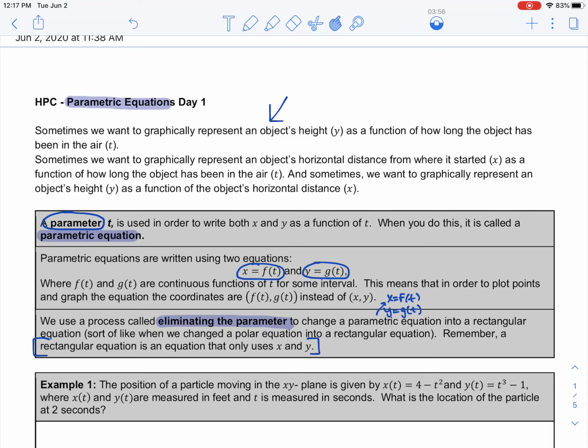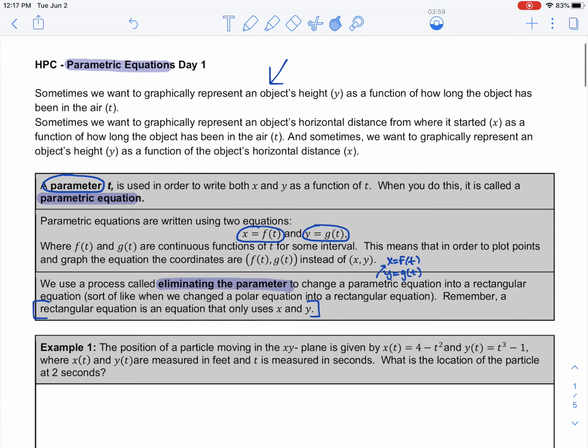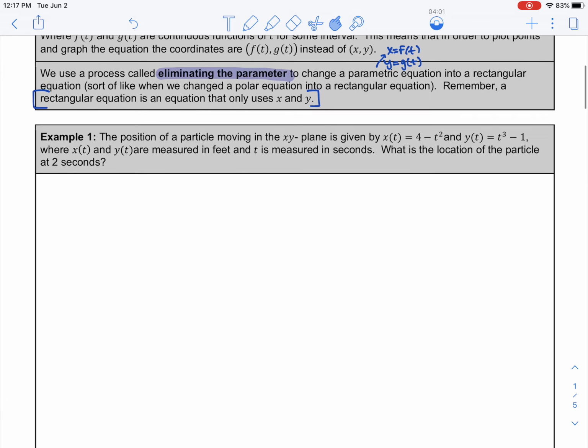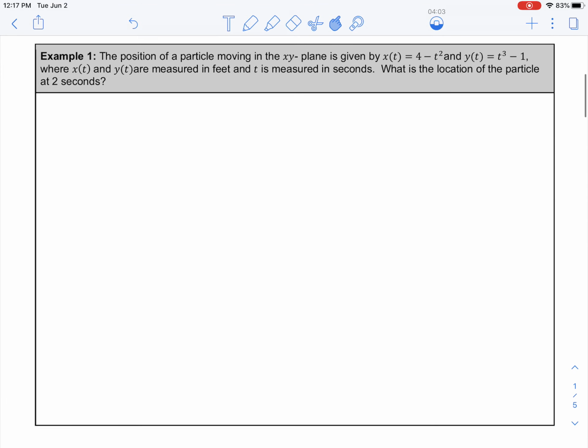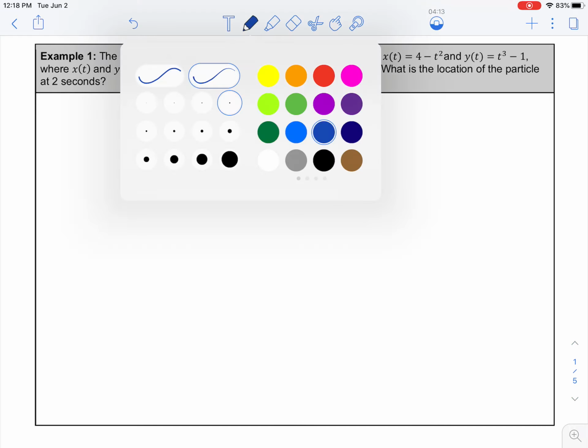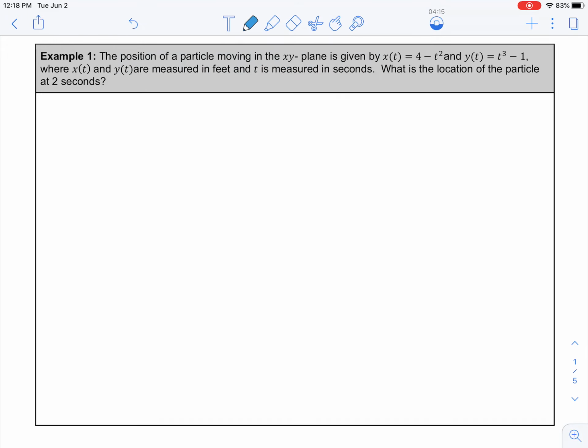So let's dive into this a little more through an example. Example 1 says the position of a particle moving in the xy plane is given by the parametric equation x of t equals 4 minus t squared. I'm going to pause and write that down here below.